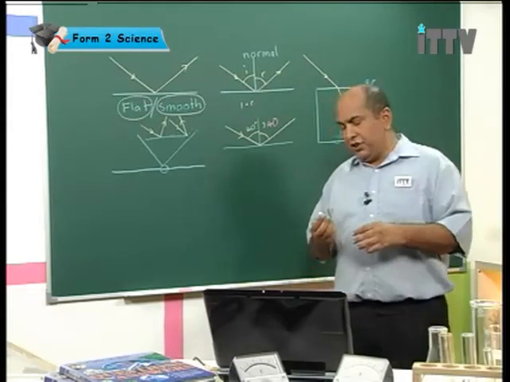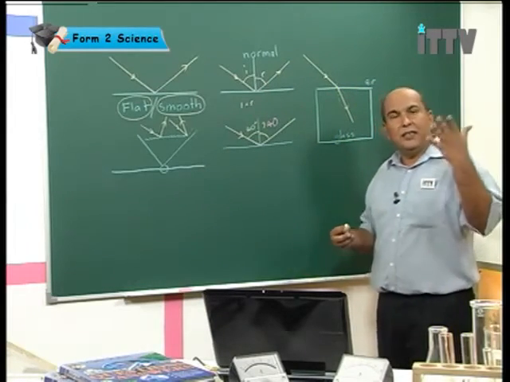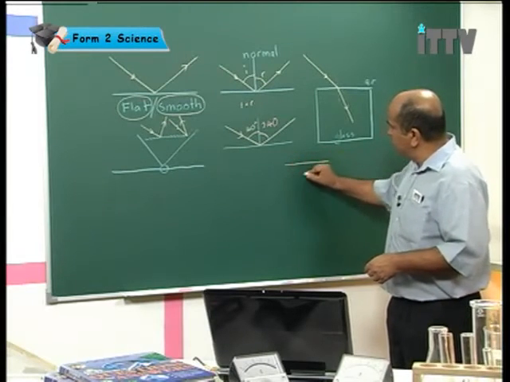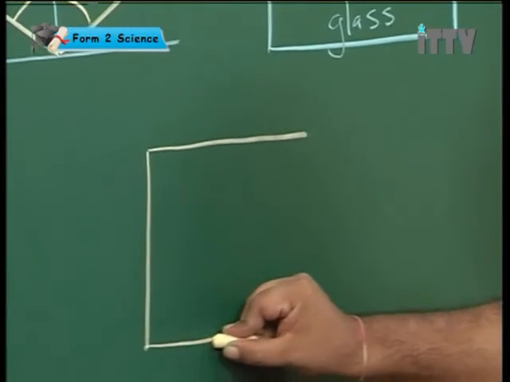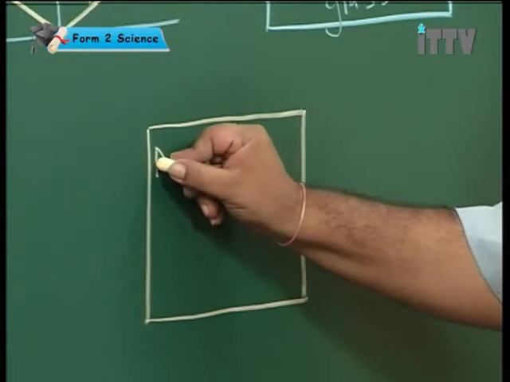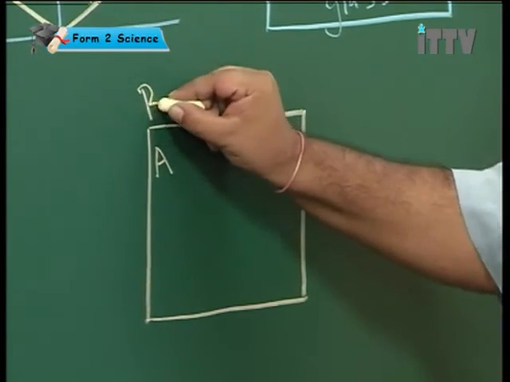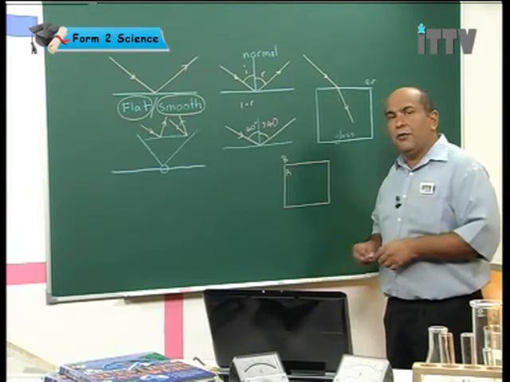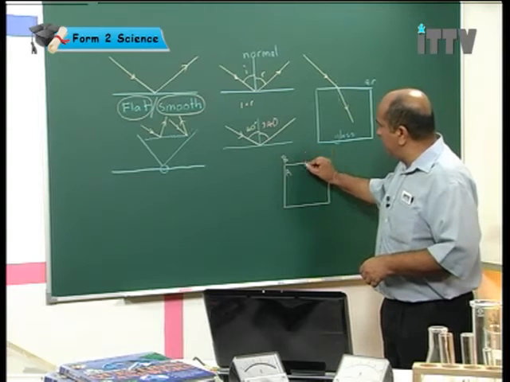In your examinations, what they'll do is something like this. They'll draw a diagram. They'll label the inside here A. They'll label the outside B. They'll draw a light ray. They'll say, here's the normal.